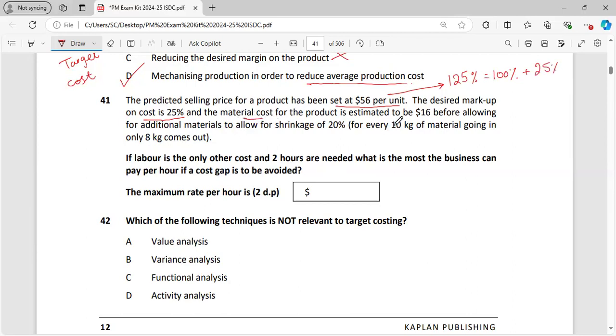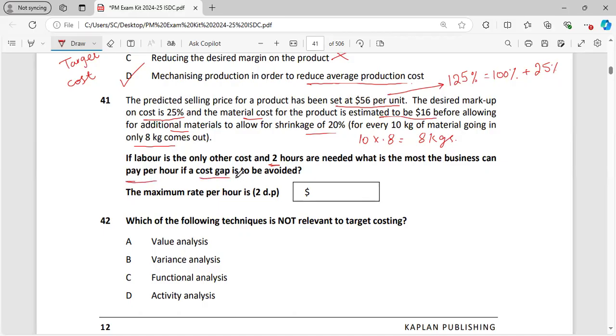The material cost of the product is estimated to be $16 before allowing any additional material for shrinkage of 20%. For every 10 kgs of material going in, only 8 kgs come out. So 10 kg is the input, 20% is the wastage, so 8 kgs is the output.